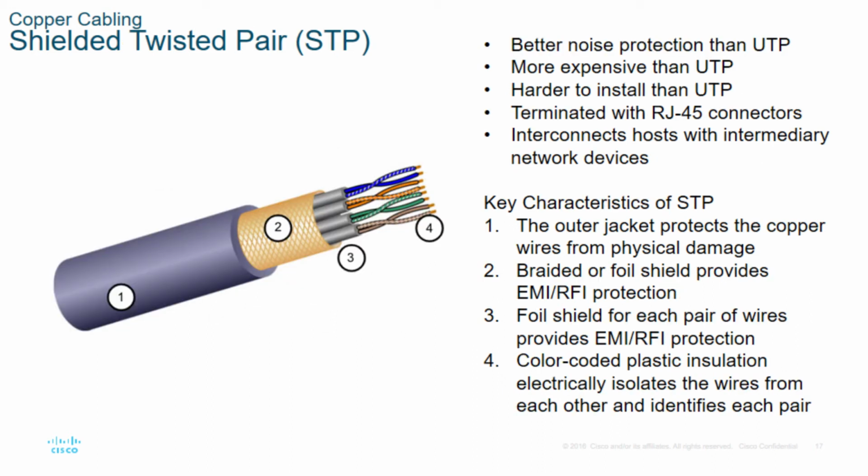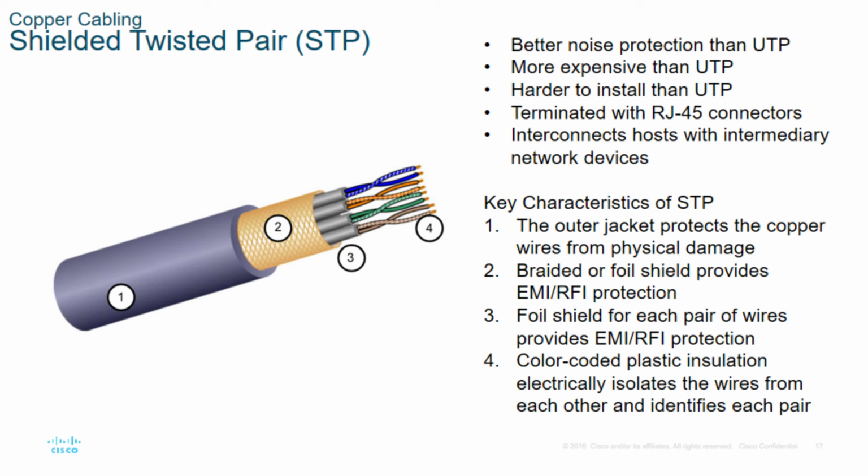Now STP, shielded twisted pair. Basically, it provides better noise protection than UTP cable. However, compared to UTP cable, STP cable is significantly more expensive and more difficult to install. Like UTP cable, STP uses an RJ45 connector, and it combines the techniques of shielding to counter RFI and wire twisting to counter crosstalk, to gain the full benefit of the shielding, right?